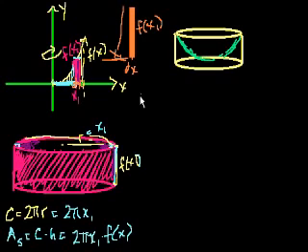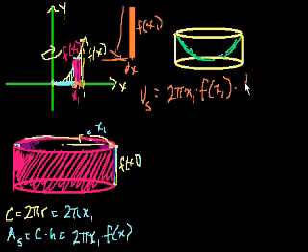The volume of the shell is going to be equal to the surface area of the shell times how wide that surface is. And that width is dx. It's going to equal this times dx. So the volume of that shell is 2 pi x1 times f of x1 times dx.